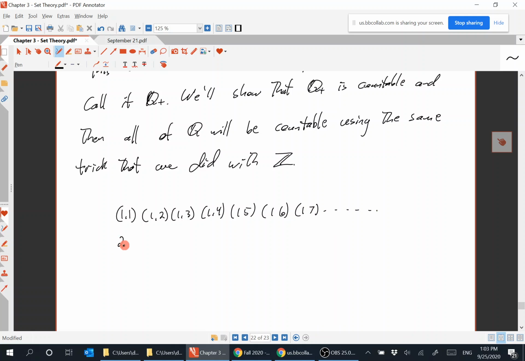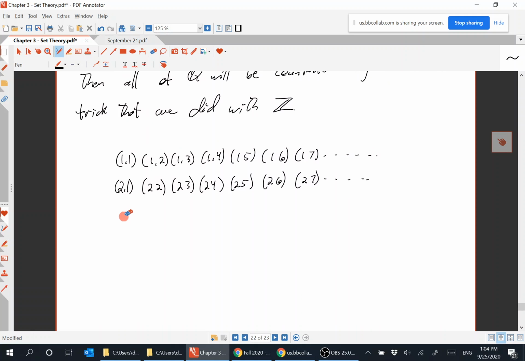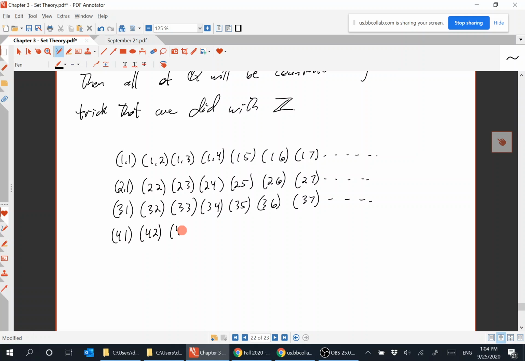So on and so forth. 2,1. 2,2. 2,3. 2,4. 2,5. 2,6. 2,7. 3,1. 3,2. 3,3. 3,4. 3,5. 3,6. 3,7. 4,1. 4,2. 4,3. 4,4. 4,5. 4,6. 4,7. One more row. 5,1. 5,2. 5,3. 5,4.